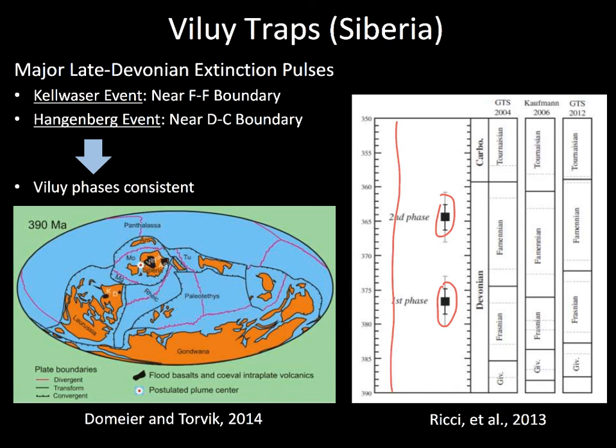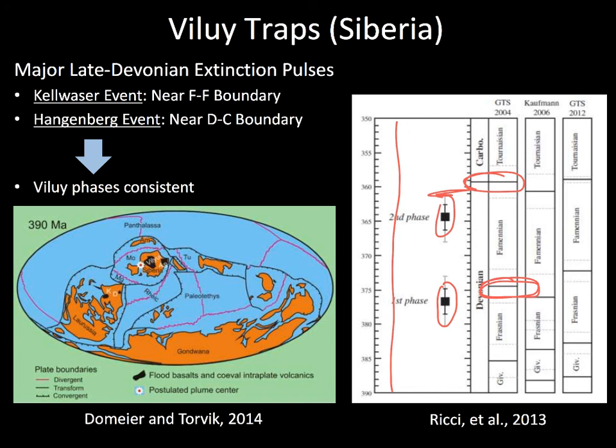You can see phase 1 coincides very nicely with that Kellwasser event near the FF boundary. Phase 2 coincides, it ends right near the DC boundary in the Hangenberg event. So scientists supporting this will say, look, the phases of the Viluy Trap volcanism coincide with the two major extinction pulses in the late Devonian.